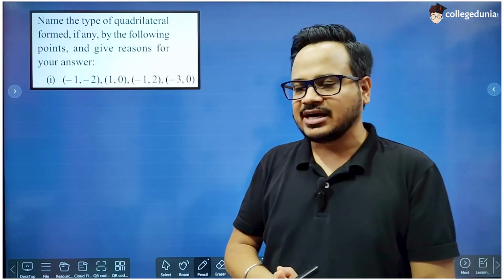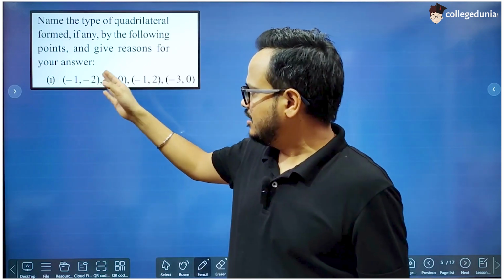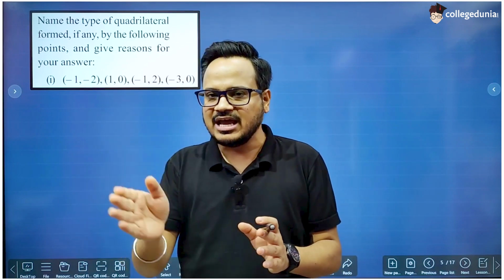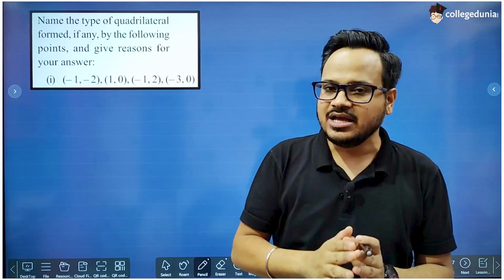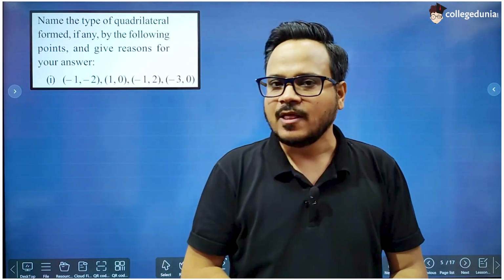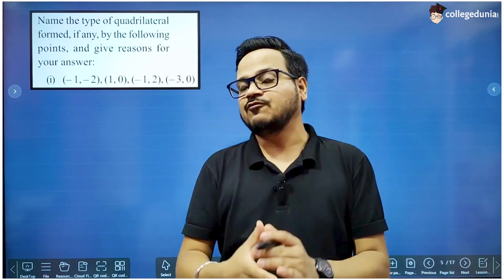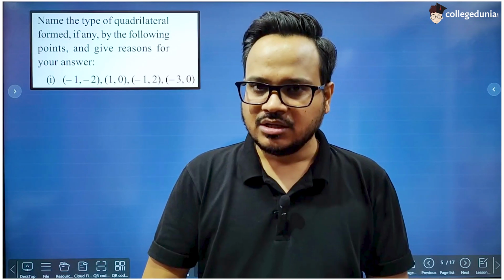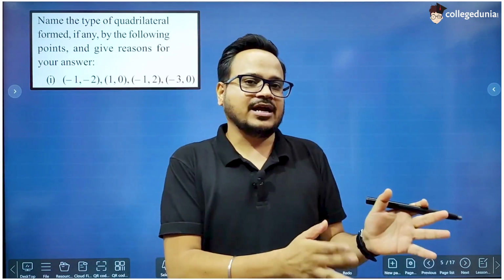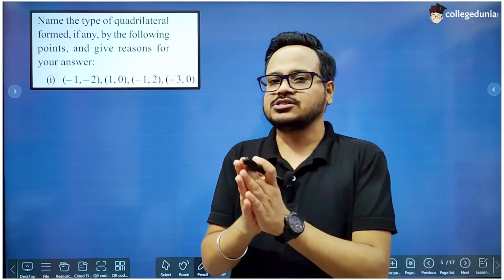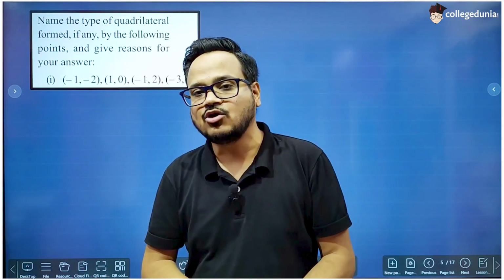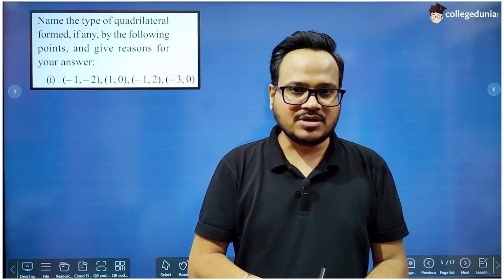If you take one point as A, other one as B, then C, then D, and you find all the lengths AB, BC, CD, AD, and all the 4 lengths are equal, then this quadrilateral can be a square or it can be a rhombus. It cannot be a rectangle or a parallelogram, because in a rectangle opposite sides are equal. But if you are getting all 4 sides equal, then it can be a rhombus or a square.